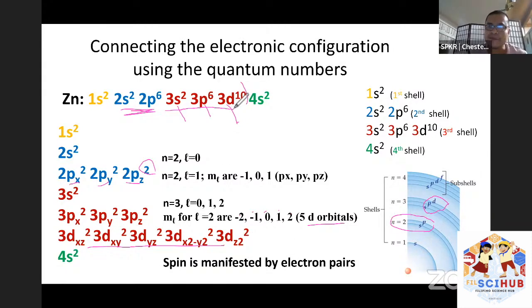So basically, it's 10. Okay? So, and then, the spin is actually manifested by the electron pairs. Okay? Kaya nakita natin bakit by multiples of 2 ito. Okay? Siyempre, pag binigyan ko kayo ng odd electron species, kunwari gallium, okay? So 31. So of course, meron kang isang remainder sa huli. Okay?